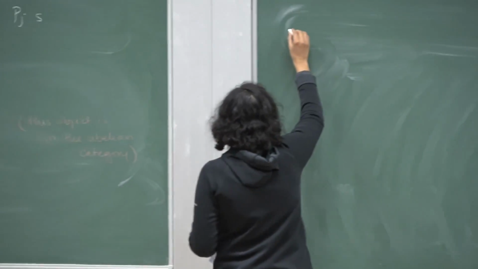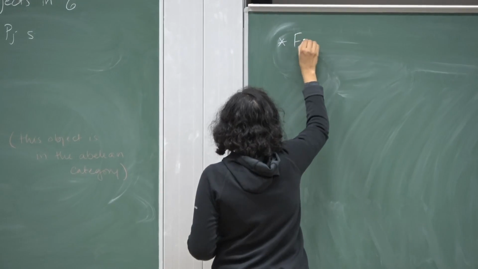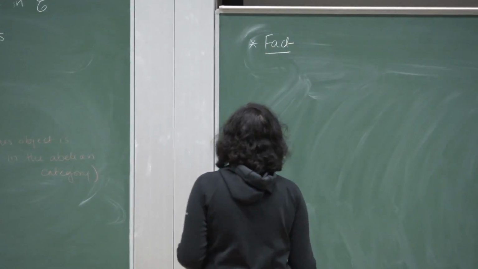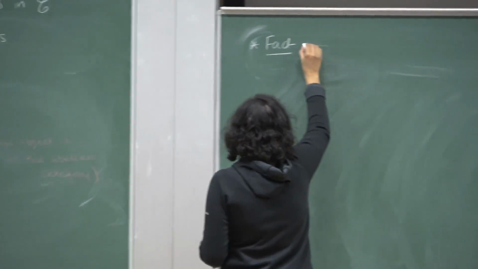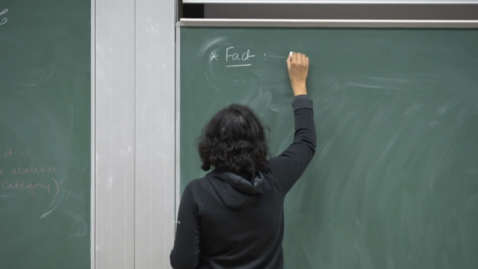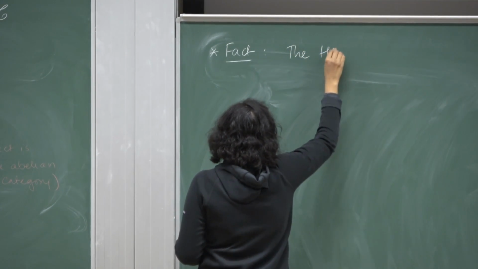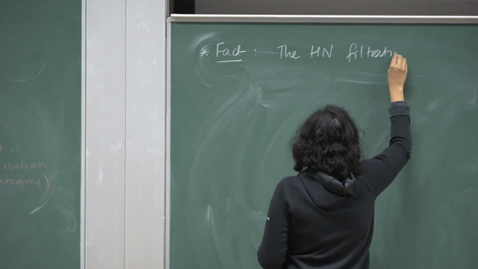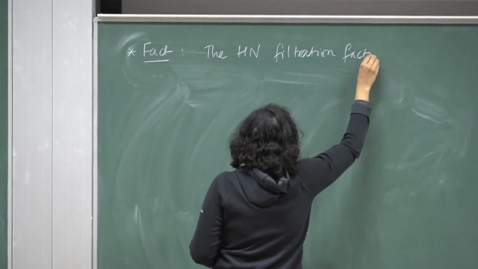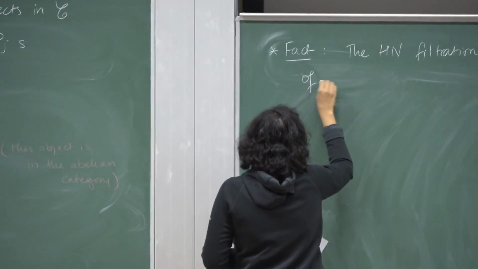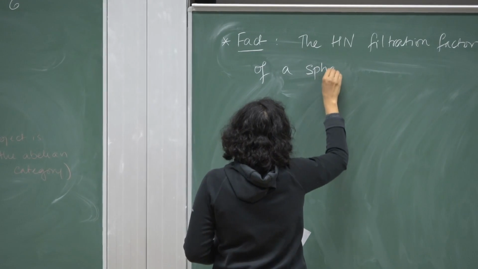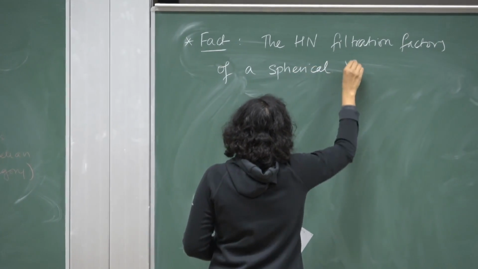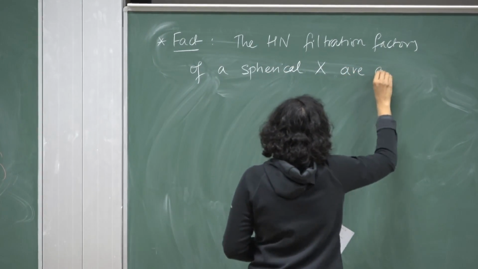Okay, here's a fact which I'll mention without proof, but it's very useful. In these kinds of categories, the HN filtration factors of a spherical object X are also spherical.